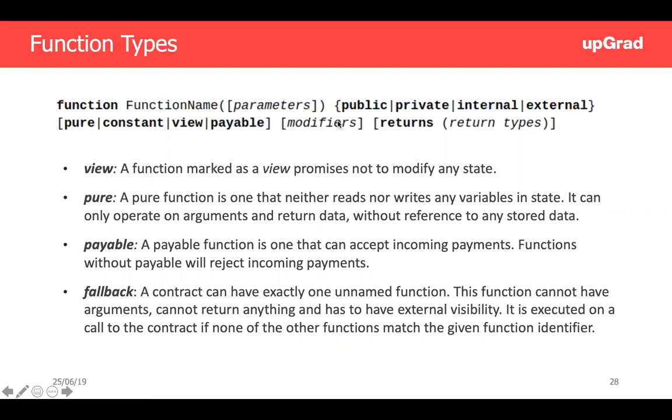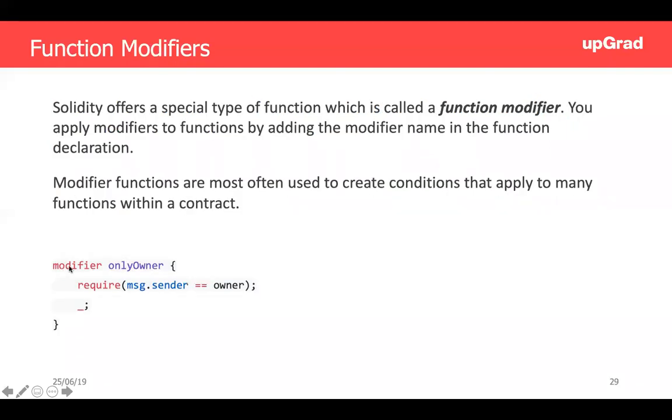Only if my incoming transaction succeeds in passing the condition defined in the modifier will it be able to enter the function. So this is how you can define it, and this is the code that I've defined for defining who is the owner.